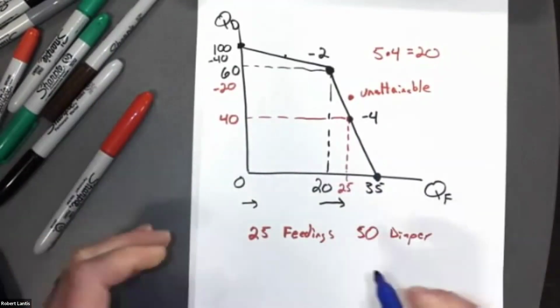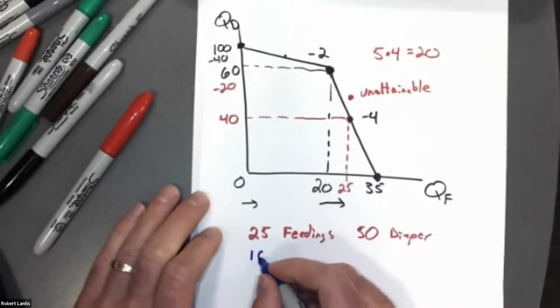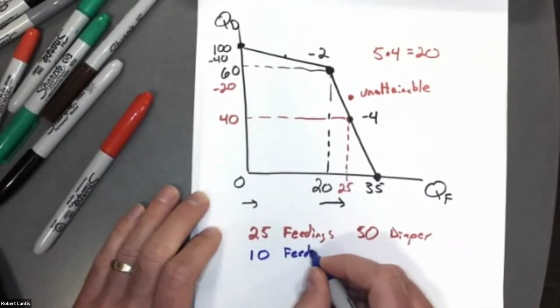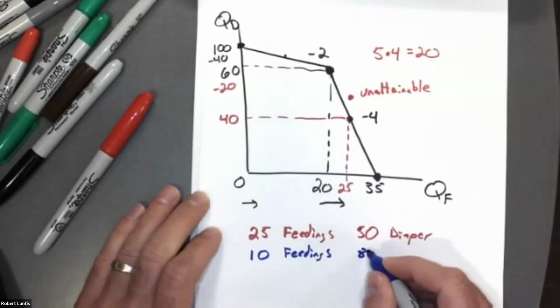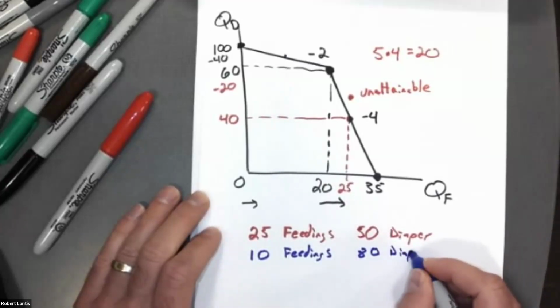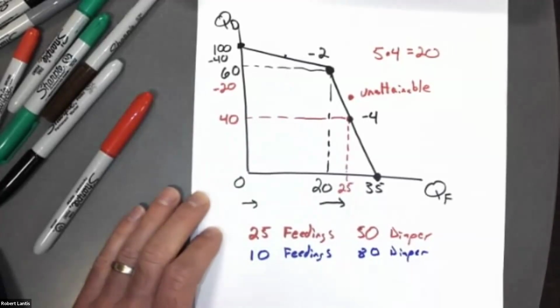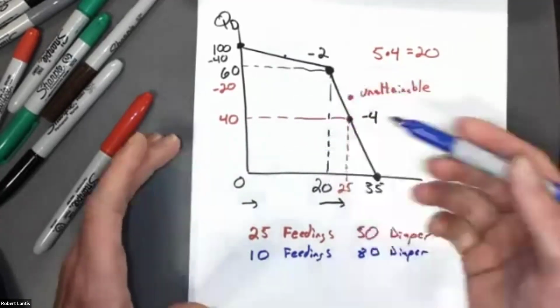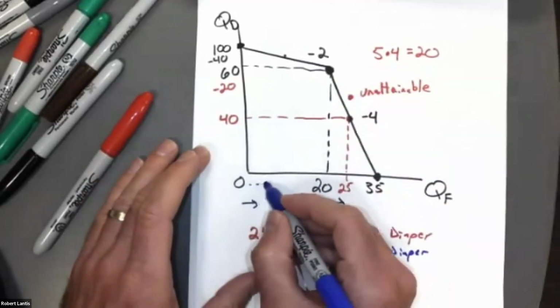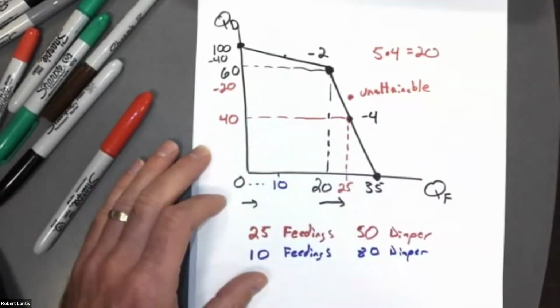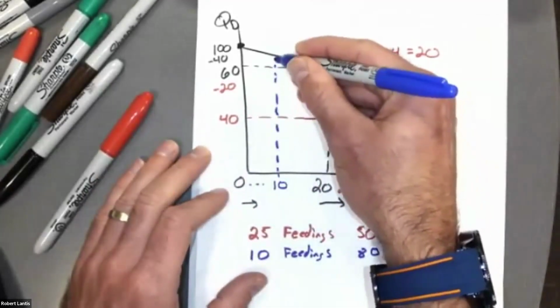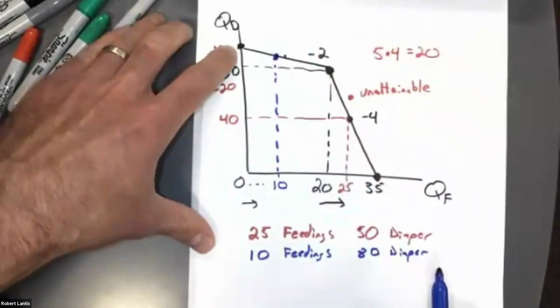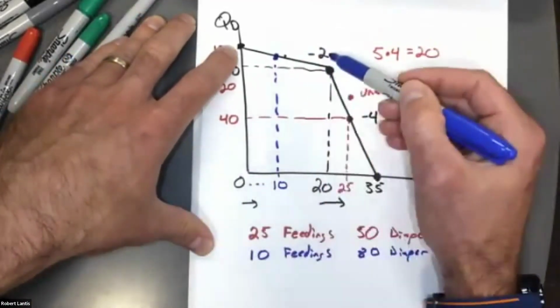Now, I could also give you one where I said, okay, what about if we were at 10 feedings and, I don't know, 80 diaper changes, right? Well, I don't know if that point's on the curve or not. I can check if I want to get to 10 feedings, what point would be on the curve? Well, I'm relying first to get those first 10 on Sam.